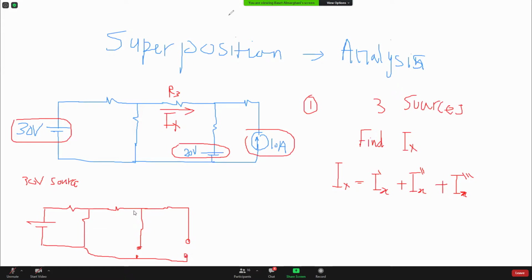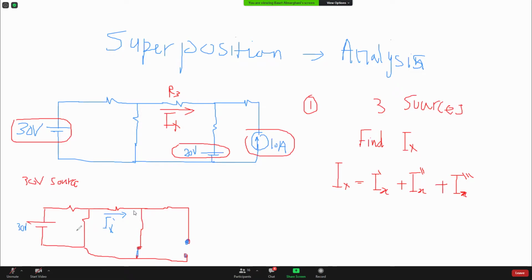Current source, I'm going to leave it open. Voltage source, I'm going to put it closed. In this case, this current here is Ix because of the first source.